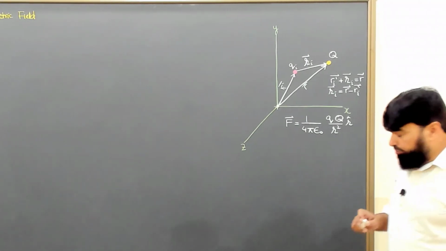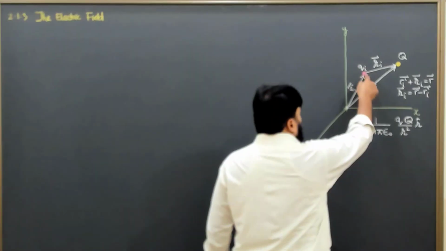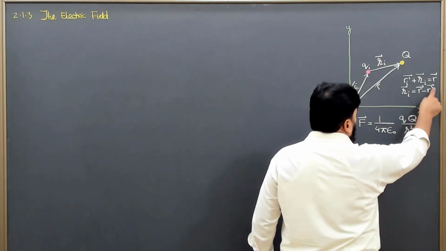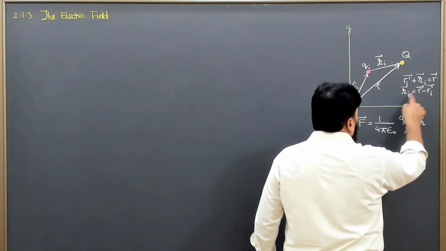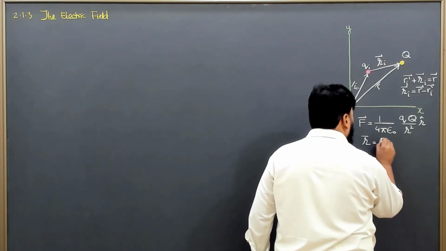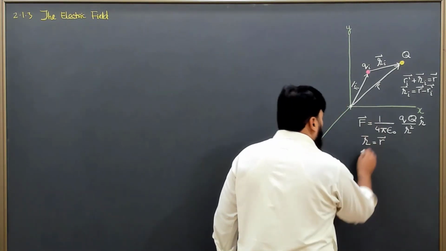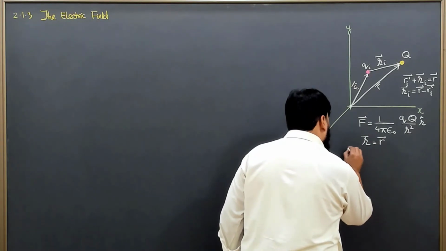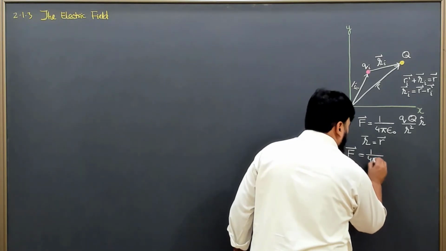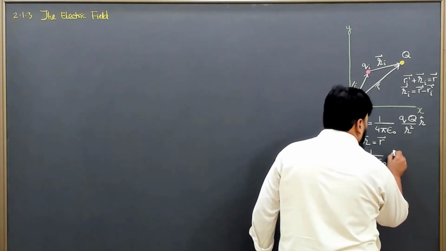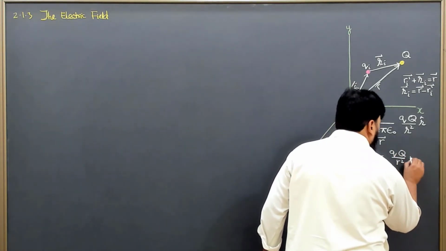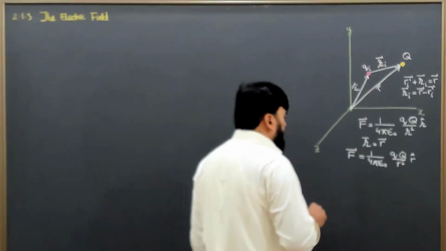Now here, if we consider that the source charge is at the origin, then Ri prime will become equal to 0, and we will have the R tilde equal to this R. And we will return to the Coulombic force in the general form that we usually write: 1 over 4 pi epsilon naught, q Q over R squared, in the R unit vector direction.